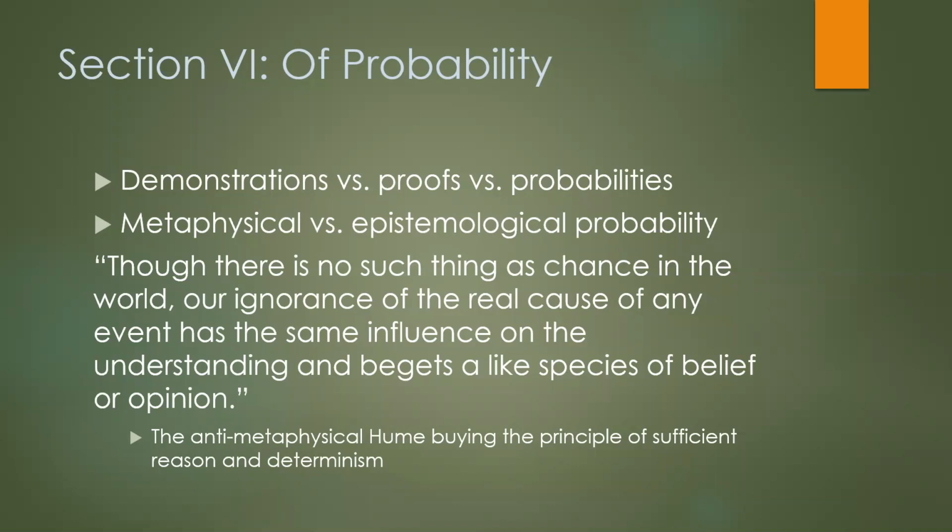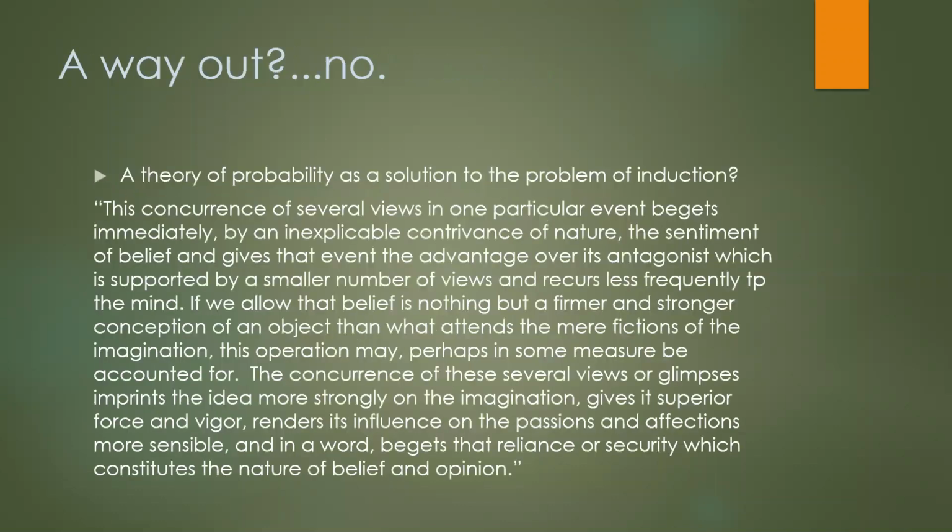Now, this idea of probability seems like a really promising route to a solution to the problem of induction. And Hume is the first one, in framing the problem of induction, to suggest it as a possible way out. Of course, we'll see in a minute that he shoots it down. He thinks it won't work.